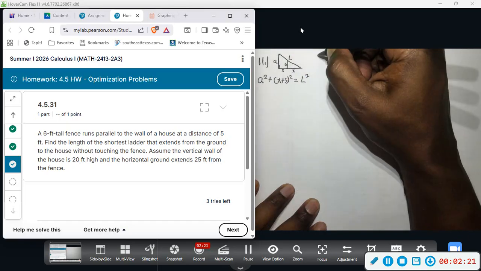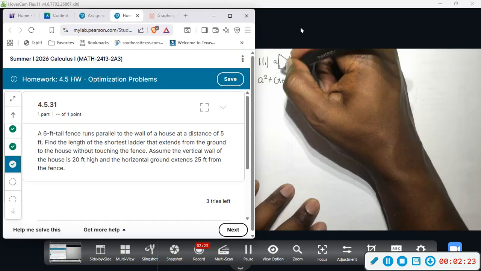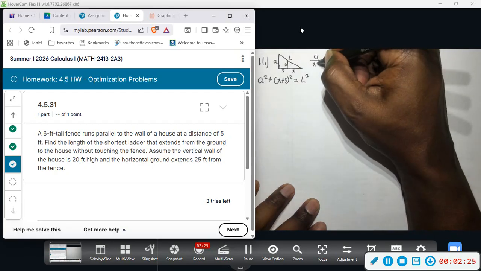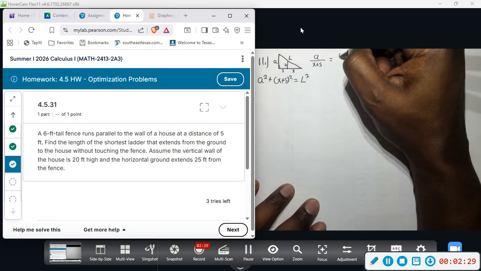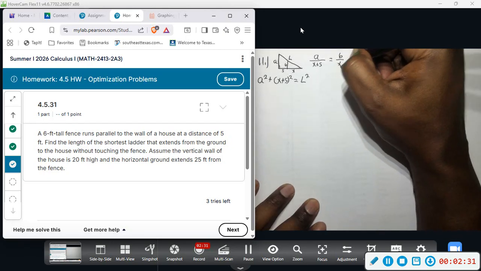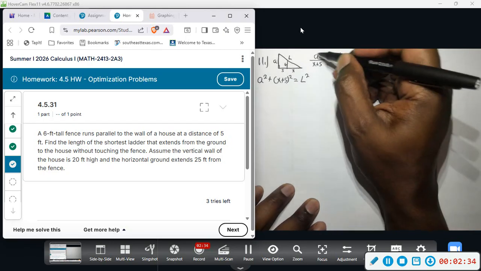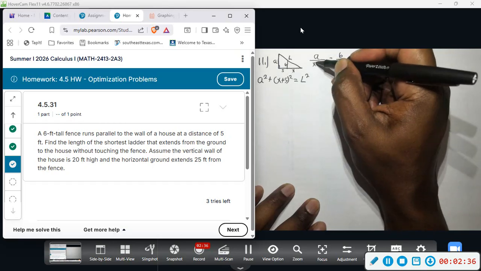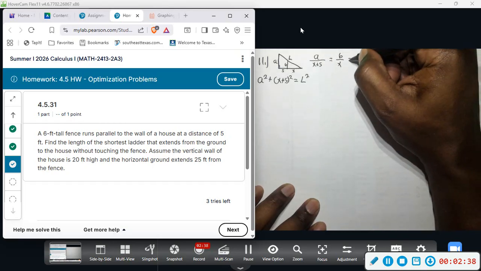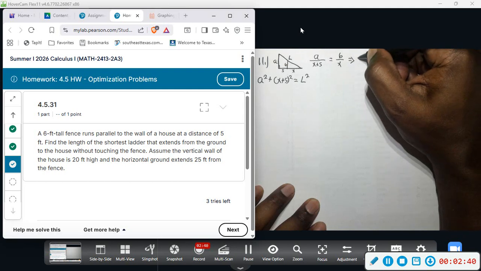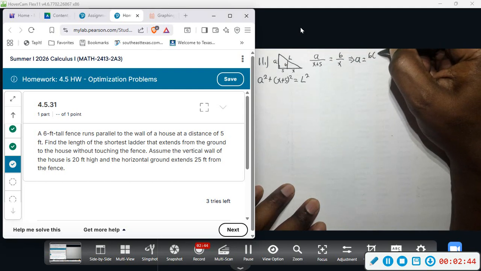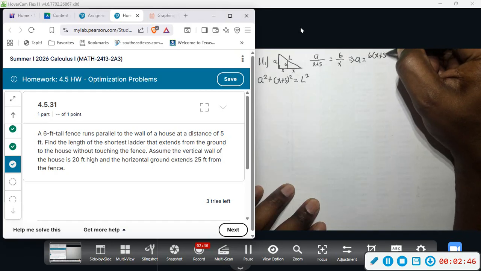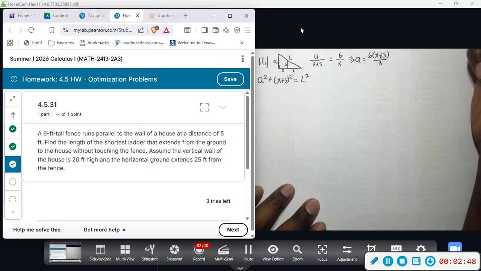So A to X plus 5 is equal to 6 over X. Solving for A, we can multiply by X plus 5, and that will give me A equals 6 times X plus 5, divided by X.